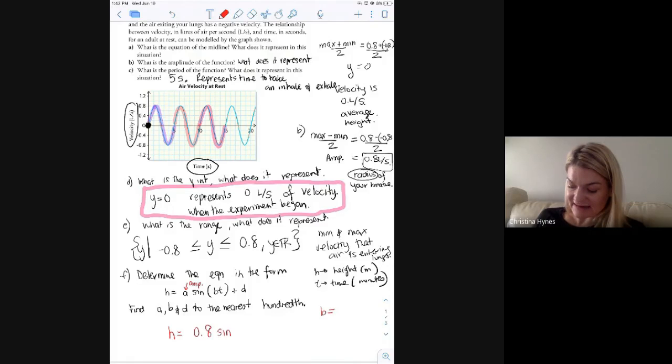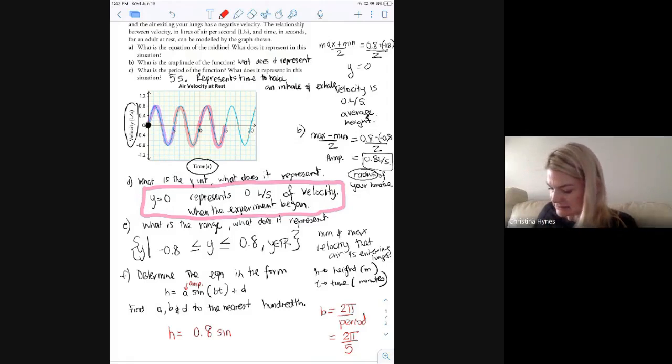B is calculated by doing 2 pi divided by your period. So in your calculator, you would go 2 pi divided by our period we found in letter C. So I found that it was 5 seconds. So you could put that into your equation, or you can calculate it.